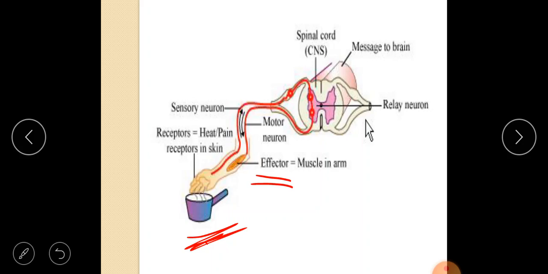Effector means the muscle, where the proteins actin and myosin contract and the muscle gets shortened. In between the sensory neuron and the motor neuron, in the gray matter, you find the relay neuron, which especially helps in the interpretation of the response.